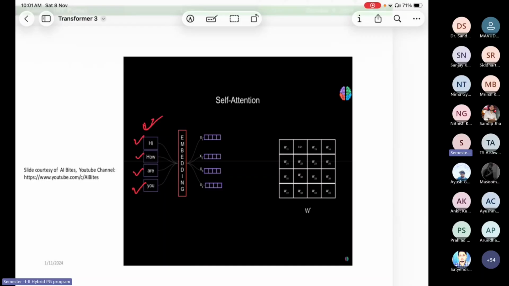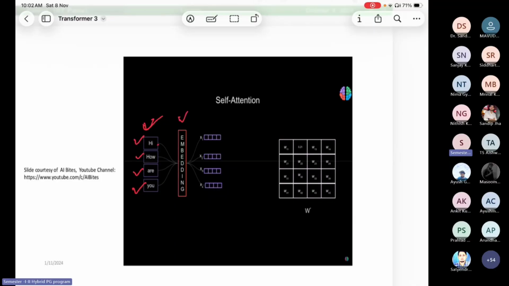That's why whatever you give as input should be converted into numerical values. So what we do is assign one vector to one word. We have already seen this type of thing when I was covering the RNN part or the LSTM part.